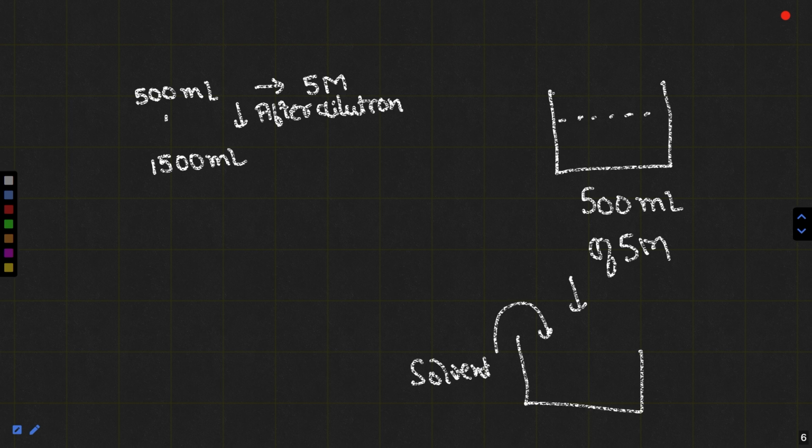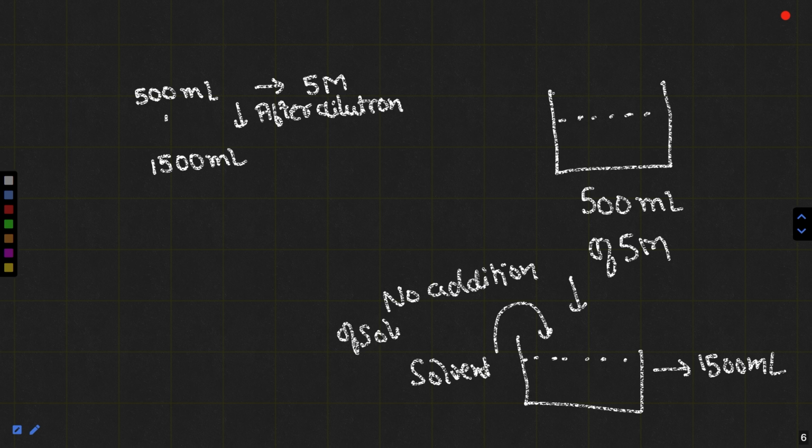We keep on adding solvent until its volume becomes 1500 ml. Now in this process, there is no addition of solute. We are only making the solution less concentrated by adding the solvent.